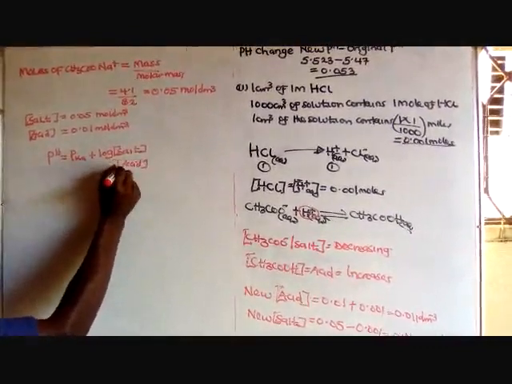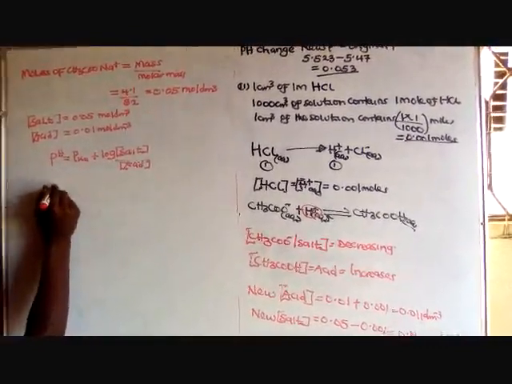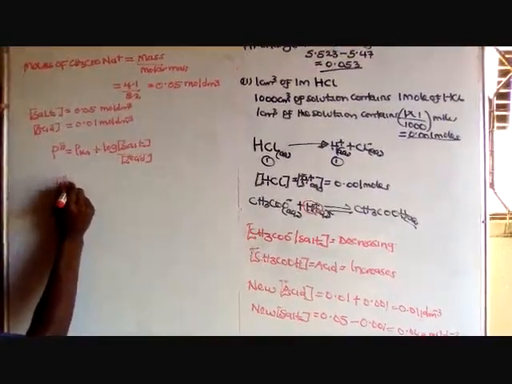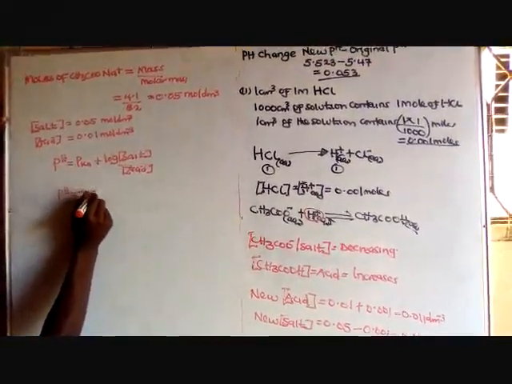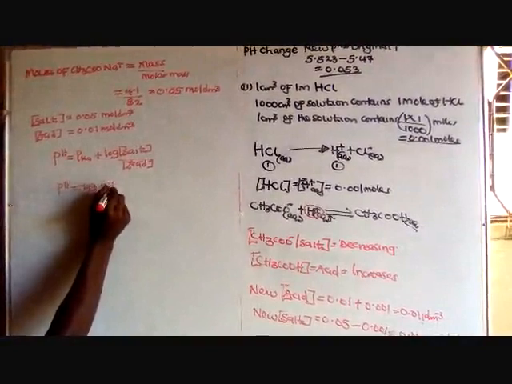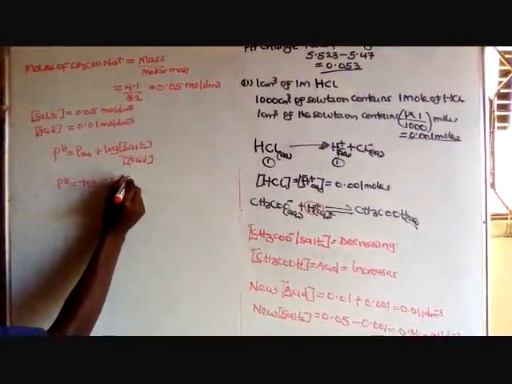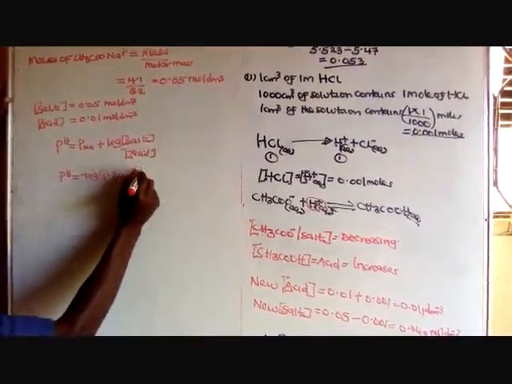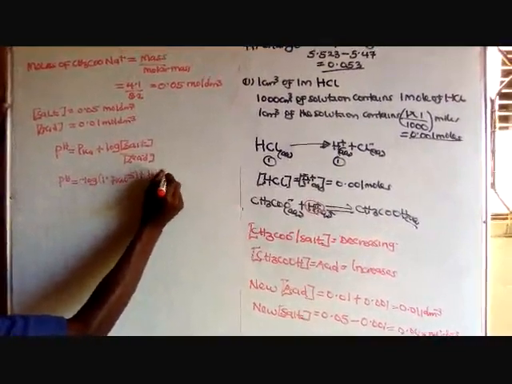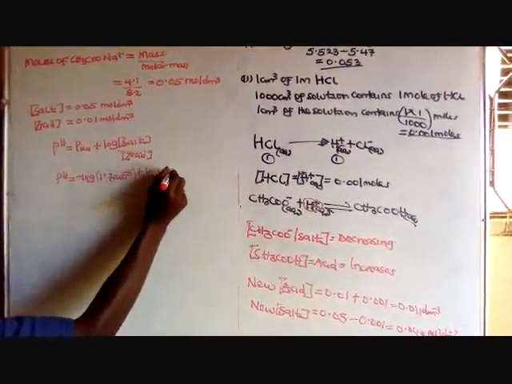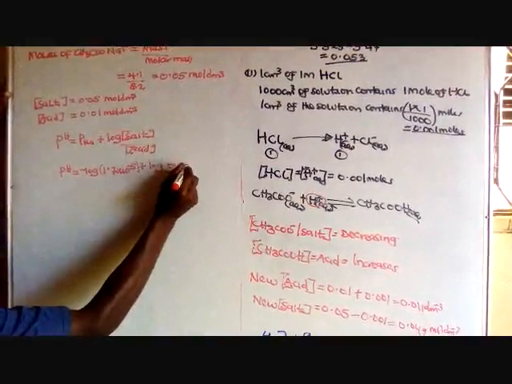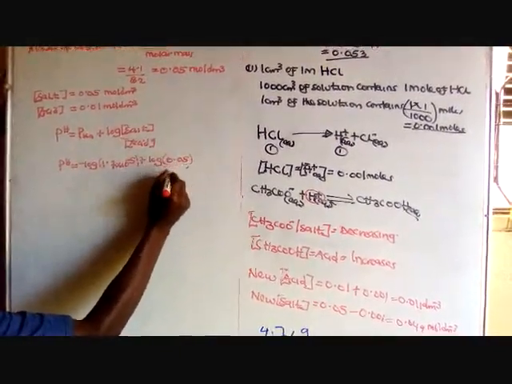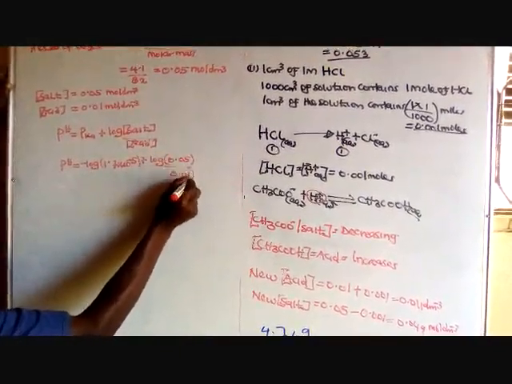Don't forget that. And from there we substitute, our pH is therefore equivalent to the negative log of Ka given in the question, which is 1.7 times 10 to the power negative 5, then plus log of the concentration of the salt, which we have got as 0.05, over the concentration of the acid, which is 0.01.